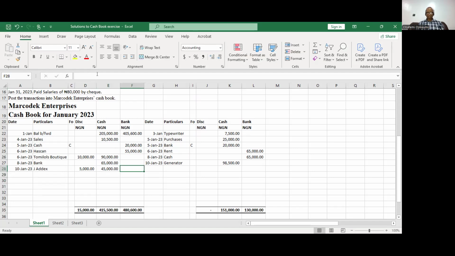A discount of 10% from the initial figure of 50,000 means they're going to get, at the end of the day, 45,000 naira. So let's go to the next transaction.